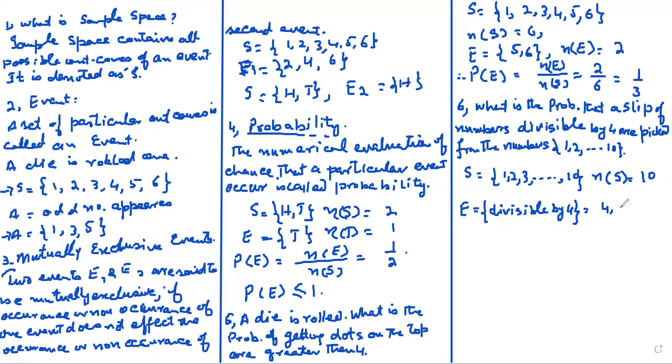So this is E, and N(E) equals 2. Therefore, probability of getting a slip of a number divisible by 4 is N(E) divided by N(S), which is 2 out of 10, or 1 out of 5, 0.2.